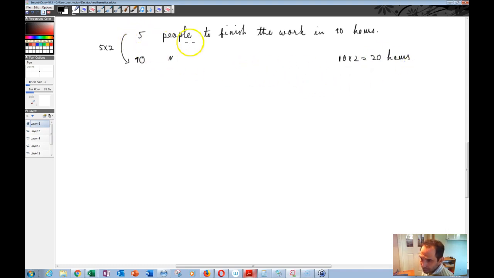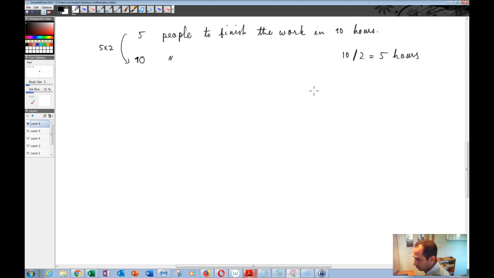So that means that if you have 5 people, it takes 10 hours to finish the job, and if you have 10 people, it's going to take 20 hours, which is of course wrong. If it takes 5 people 10 hours, then 10 people will take 10 divided by 2, which is equal to 5 hours.